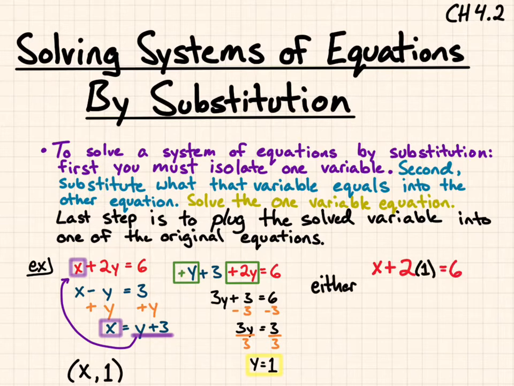Either x plus 2 times 1 equals 6, or x minus 1 equals 3. If I solve either one of these equations, I end up with x equals 4, and that becomes my solution. 4, 1 would work for either one of these equations. It makes them true.